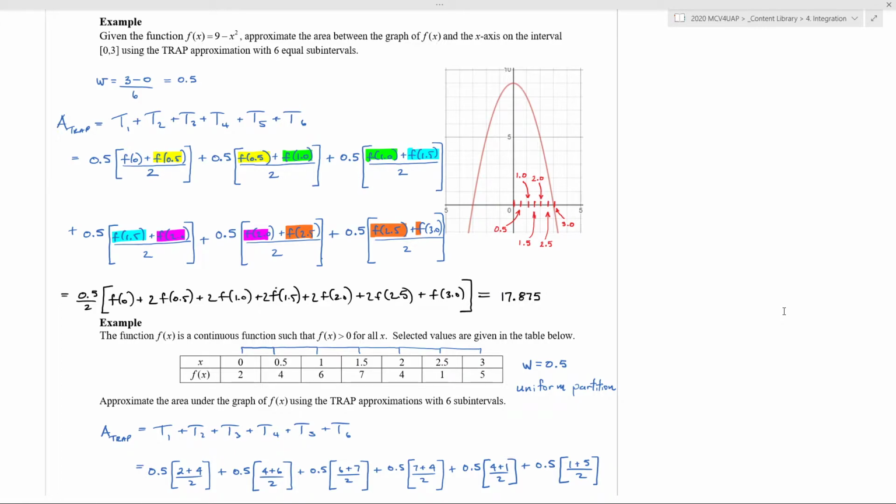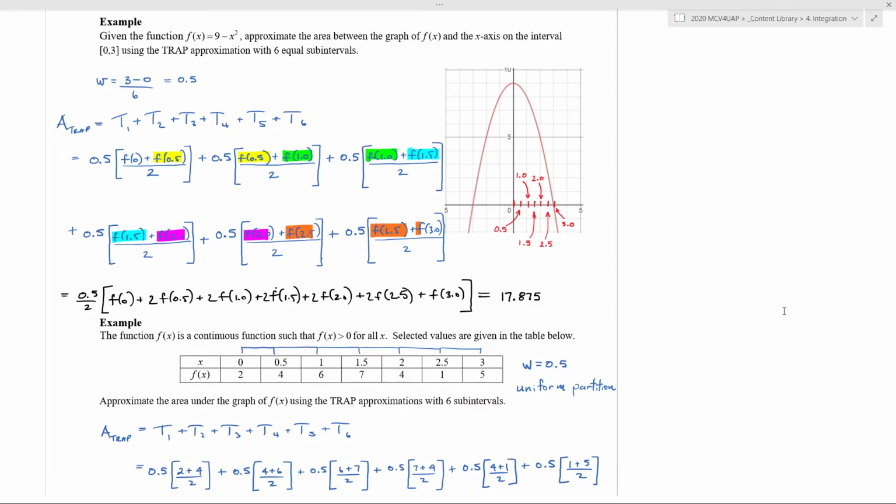So all that's left to do is plug those values into the function, and I got 17.875. Now, if we had done the LRAM and RRAM, it probably would have been simpler. And then all I would have had to do is take the average of them, add them together and divide by 2, and I would get the exact same number, 17.875.